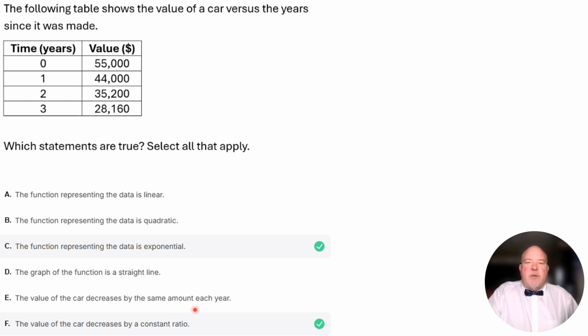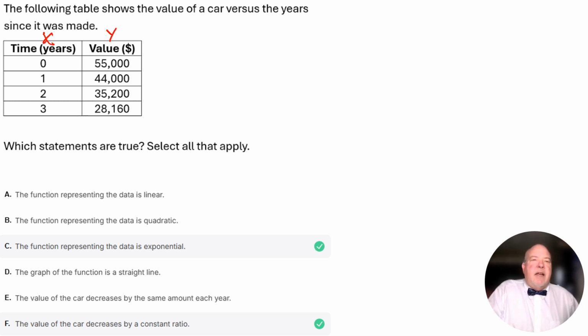From looking at this, what they're after is what kind of data this is. Is this exponential? Is it linear? Or is it quadratic? Okay, so let's first check to see if it's linear. The way we're going to do that, the time is x values and the value is y values.